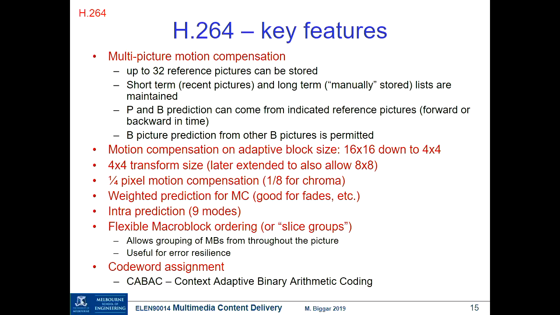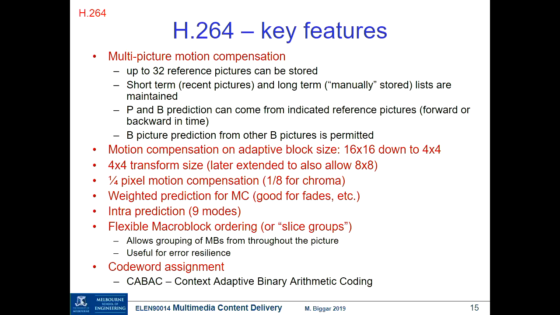It comprised a short-term store of the recent pictures, so recent pictures that have been coded would automatically go into some of these reference pictures, but you could also manually store, so you could label some frames as being suitable to put in this store and therefore available for motion compensation later.